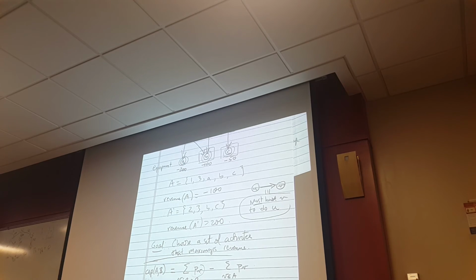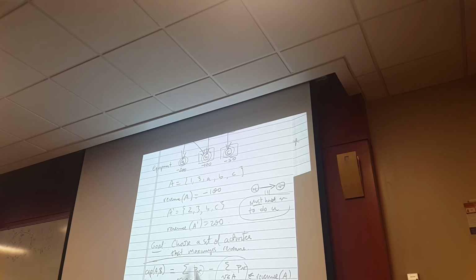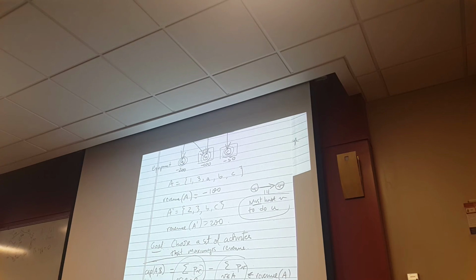Now this quantity here is just a revenue, because I'm just adding the individual revenues for the activities in the set A. That's just a total revenue. So this is just a negative of that. And what about this value?